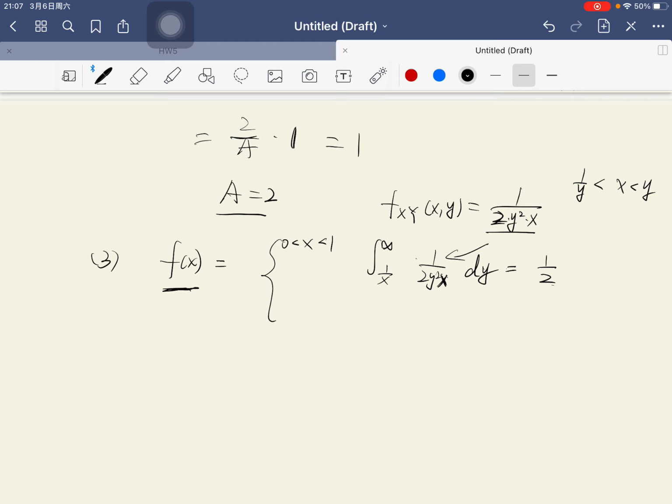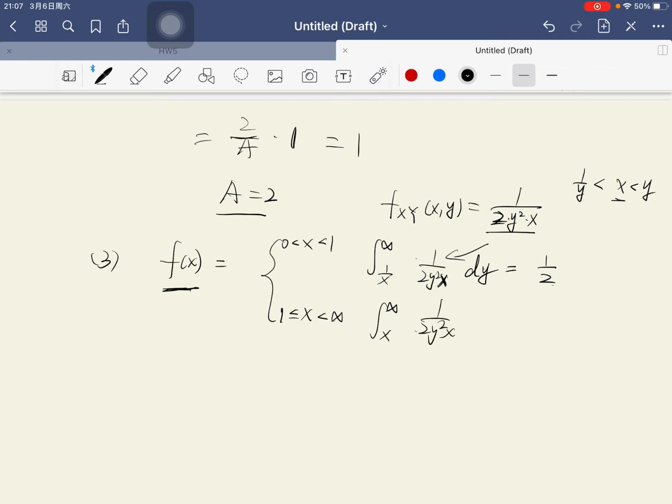And when x is bigger than 1, the integral interval is from x to infinity, and in this part we could compute this.